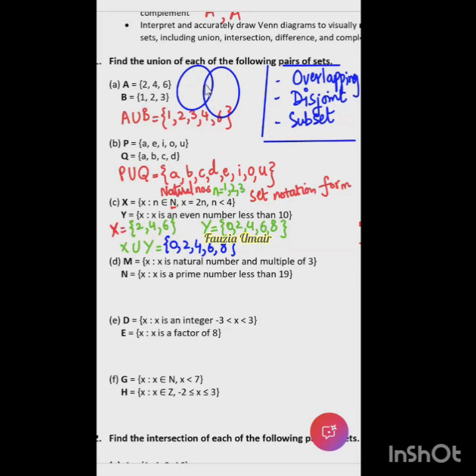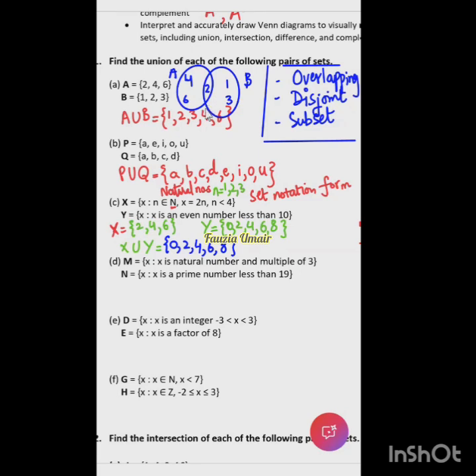So 2 will come in this overlapping part. Okay, and this 4 and 6 will come in the area which is only belonging to set A. And this 1 and 3 will come in the area which only belongs to set B. So this is overlapping formation, right?